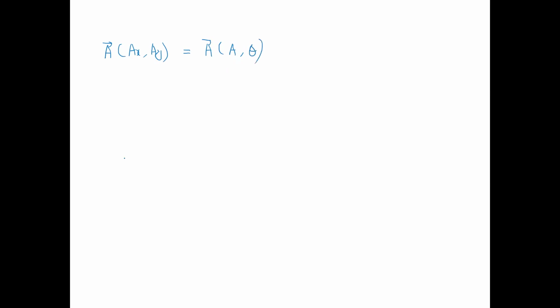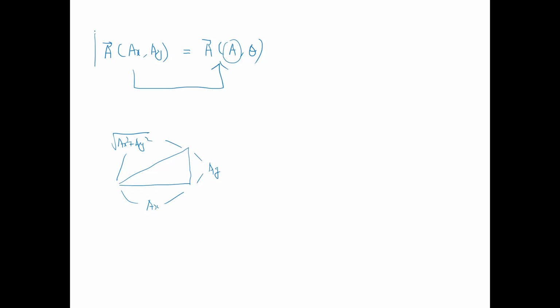So you can move from here to here easily. How? If you know AX and AY, that means you know this length AX and this length AY. So how can you find A, which is the length of this? That's simply the root of AX squared plus AY squared.